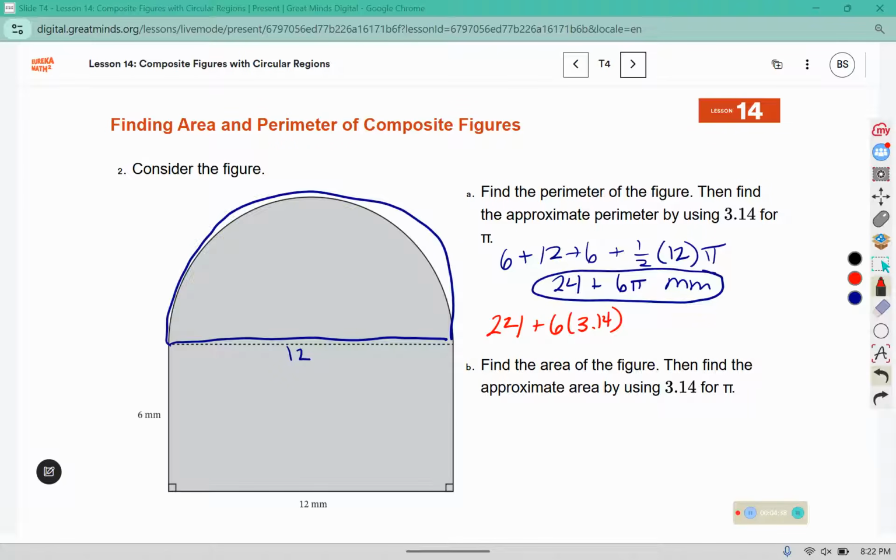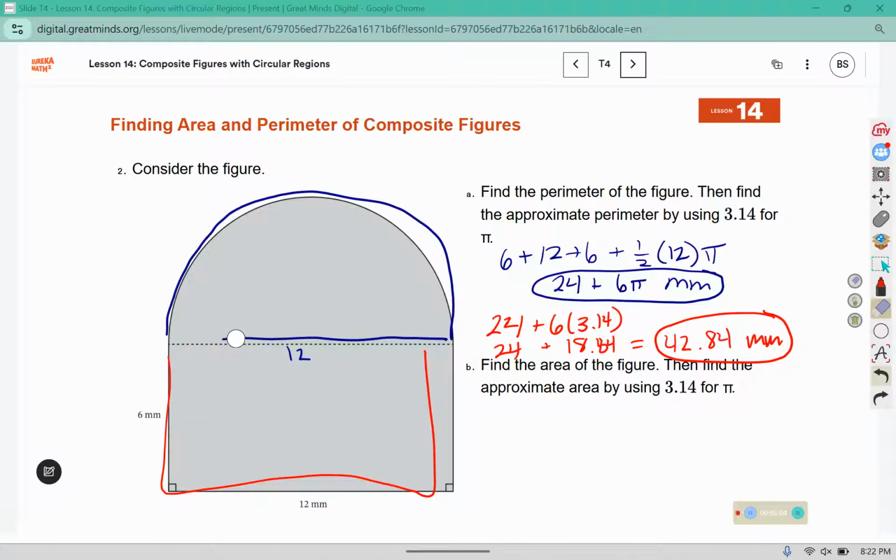So we'll multiply 6 times 3.14, which is 18.84, and add that to the 24 from this rectangular piece, giving us 42.84 millimeters. Now, we don't use this 12 up here because it's not part of the outside of the shape. So we don't need that additional 12 when we're finding the perimeter.